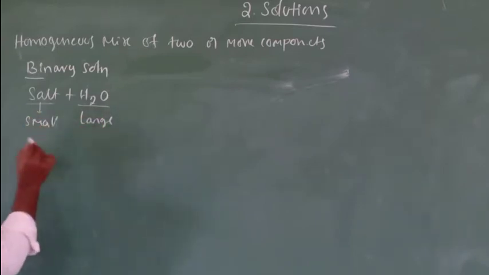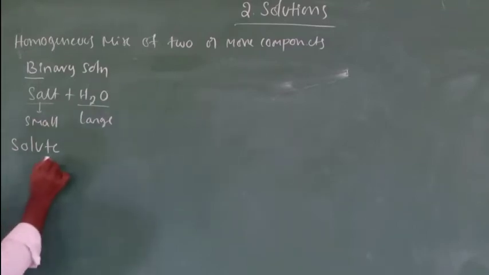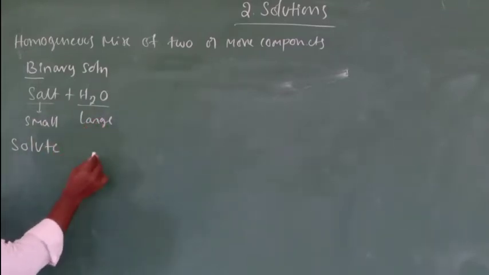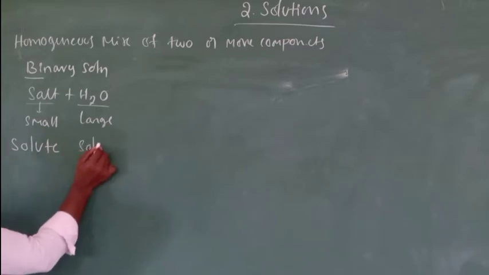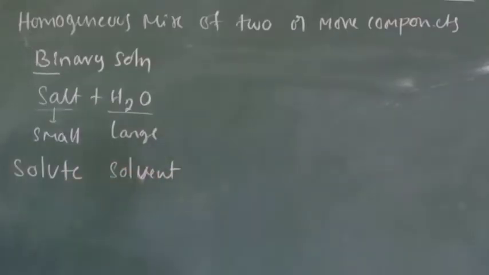The component which is small in quantity is called the solute. What is a solute? A component which is in small quantity is called the solute. The component which is large in quantity is called the solvent. Right? So don't confuse.